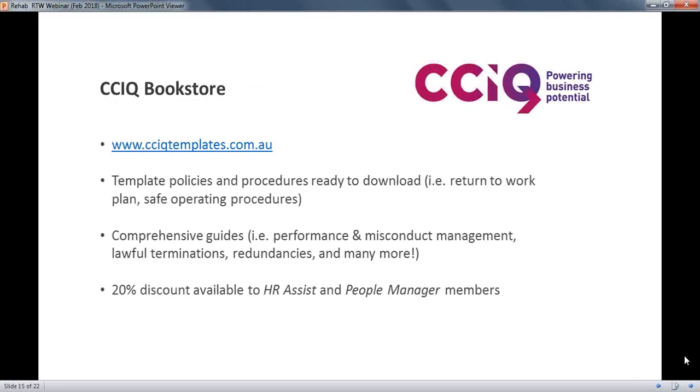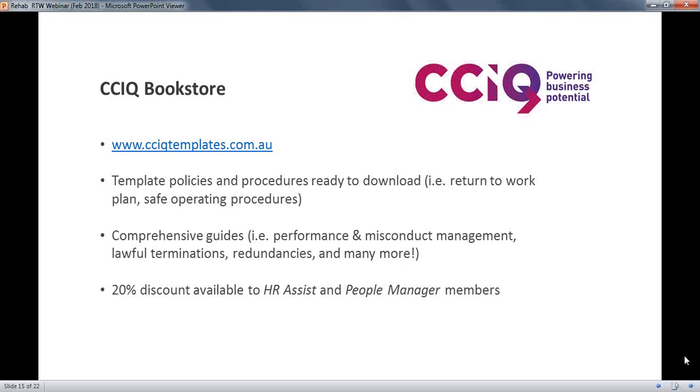Just mentioning earlier, the CCIQ Bookstore. If you go to the website listed on this slide, there's a number of template policies and procedures available to download at discounted rates for members.